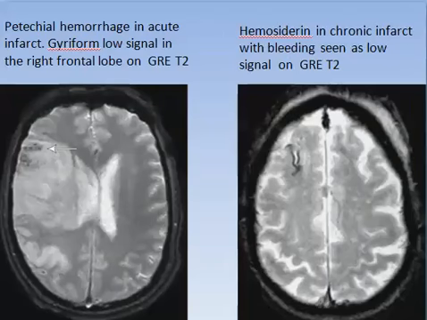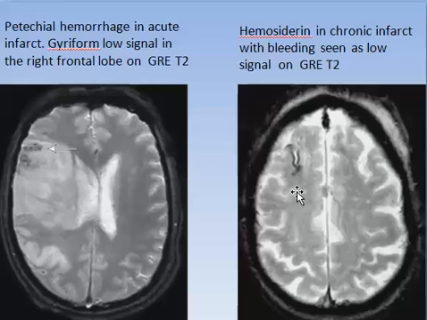Now, these are the complications of infarct. In acute infarct, we might see petechial hemorrhages seen as low intensity in T2 star, or what we call the gradient T2 weighted images.